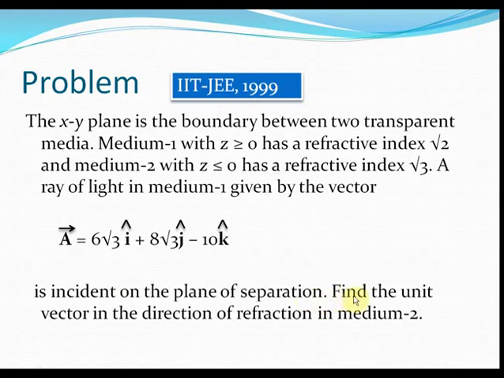Find the unit vector in the direction of refraction in medium 2. Oh, this question has actually complicated such simple concepts that we just learnt. In the question, the vectorial representation of the incident ray is given, and we have to find out the unit vector in the direction of the refracted ray. I am sure this will really explore the core concepts of refraction. Let's see how to proceed in this problem.